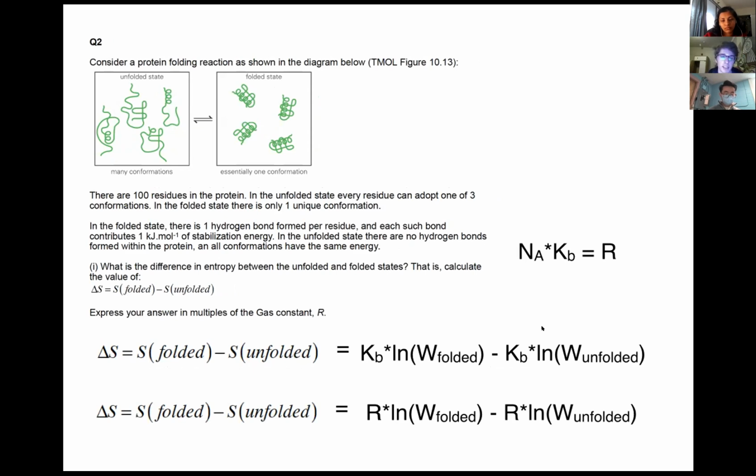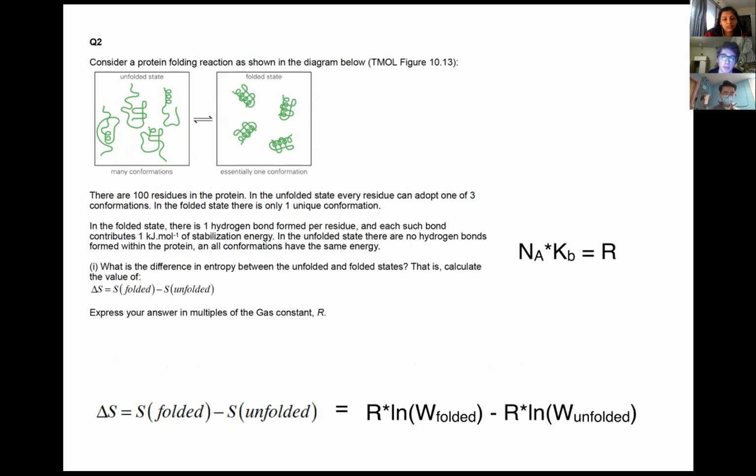The question is asking for the change in entropy between the folded and unfolded states in terms of R. So we can use the definition of the molar entropy, which would be R times the natural log of the multiplicities, subtracting each entropy. And you'd see that the change in entropy would be negative as you go from the unfolded to the folded state, because the folded state has fewer conformations.